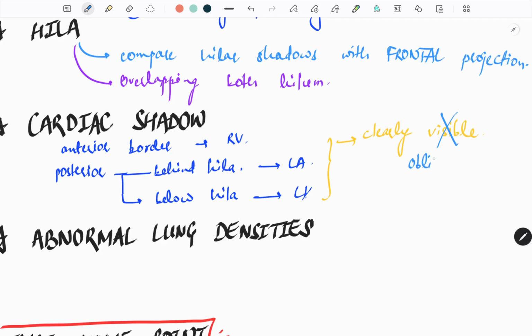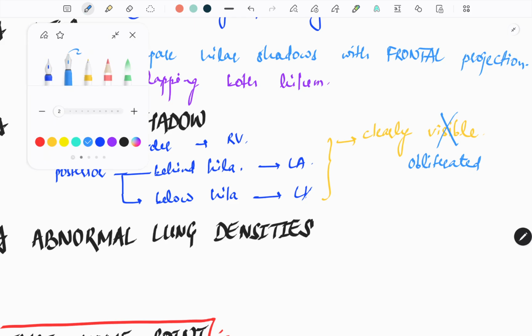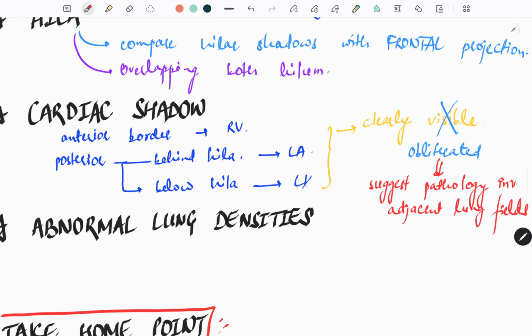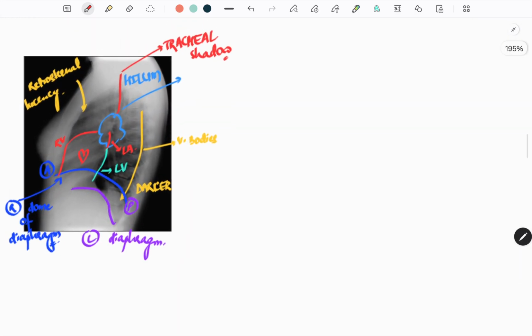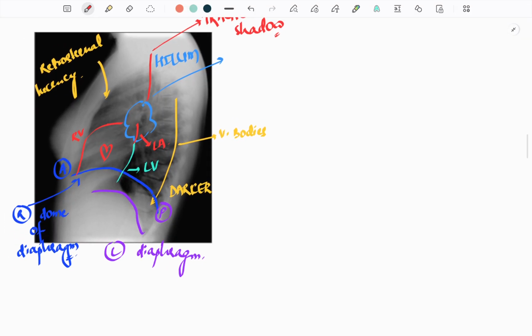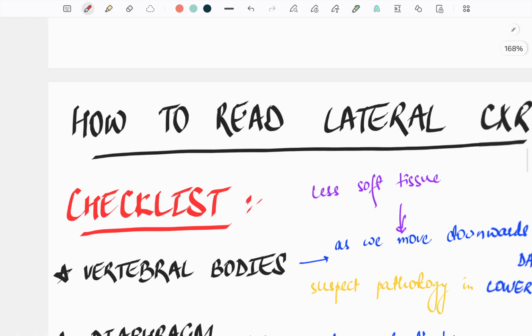If not clearly visible, meaning they are obliterated, then they suggest pathology involving adjacent lung fields.